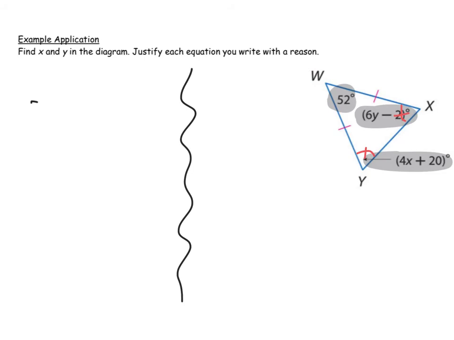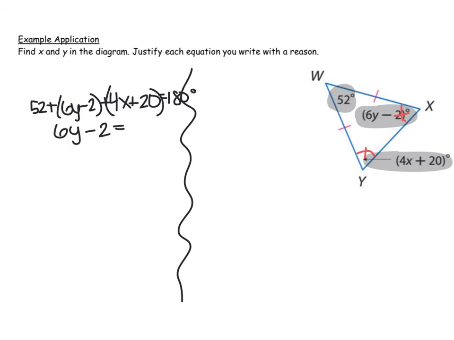We could say 52 plus 6y minus 2 plus 4x plus 20 has to equal 180. And then, because those two base angles have to be congruent, we could also say 6y minus 2 has to equal 4x plus 20. And we could do that.